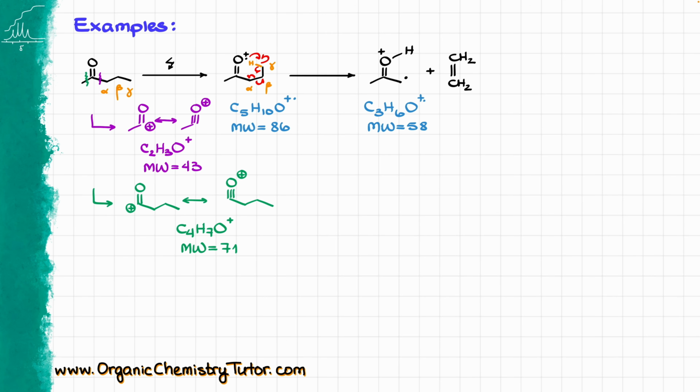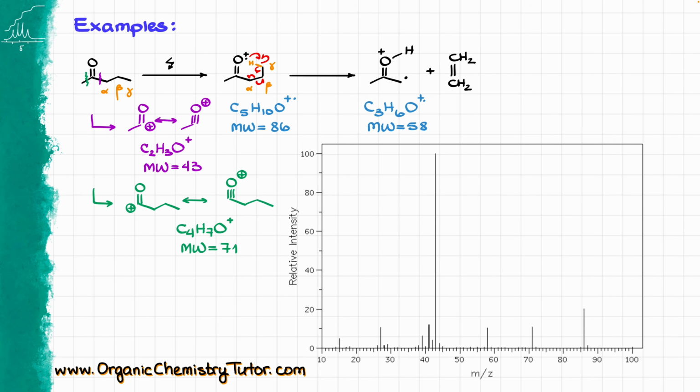Well, let's look at the actual mass spec. So here is the mass spec of this molecule that I pulled off from the spectroscopy database, and let's see what we have. Our molecular ion weighs 86 atomic mass units, and look at this signal right over here. We have a signal at 86, and that is our molecular ion.